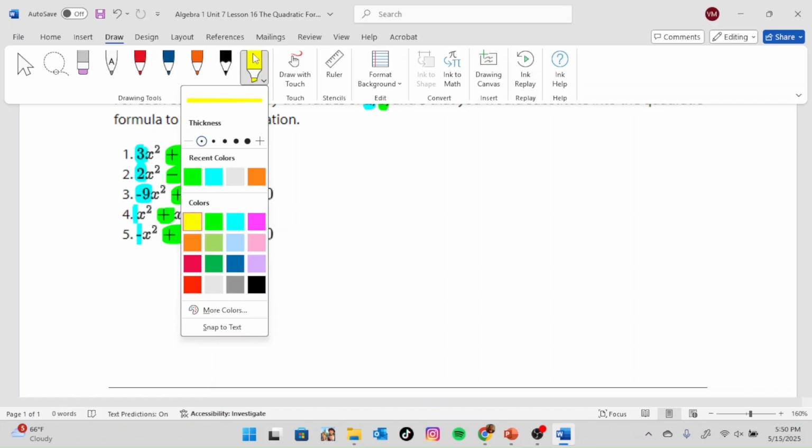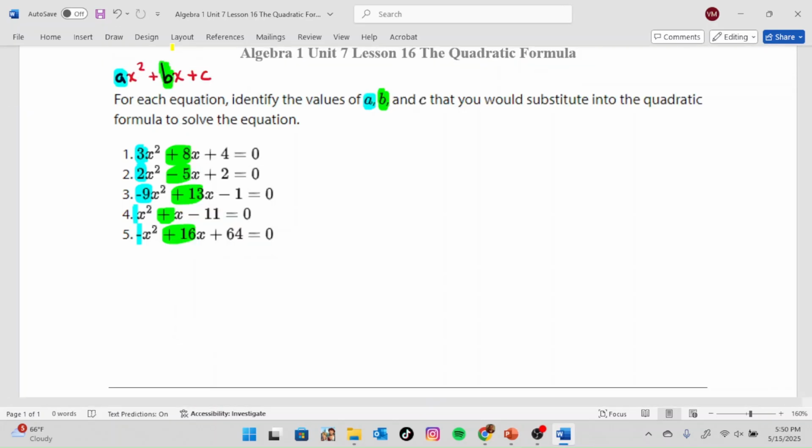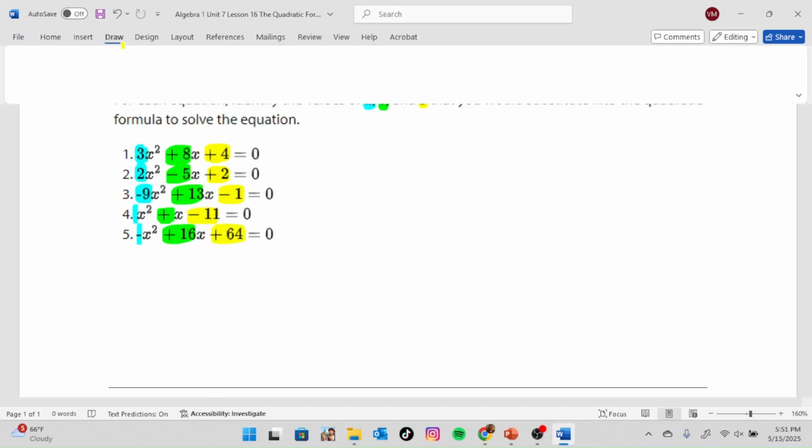And lastly, where they reference c, they are talking about the constant. So they're talking about positive 4, positive 2, negative 1, negative 11, and positive 64.